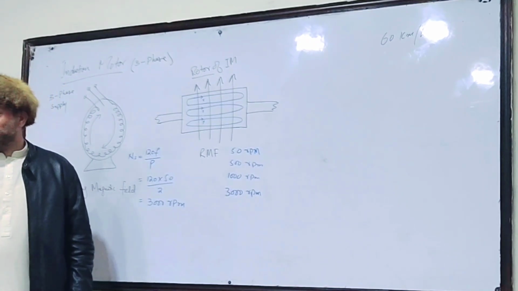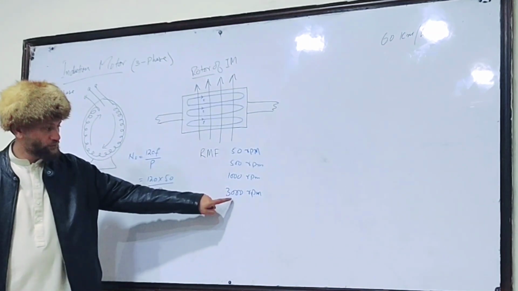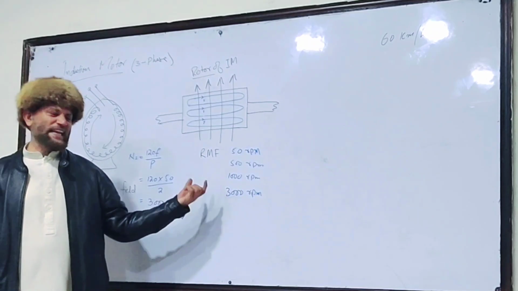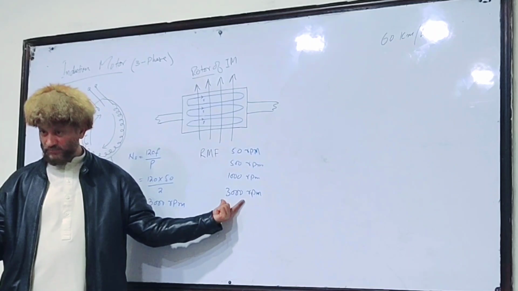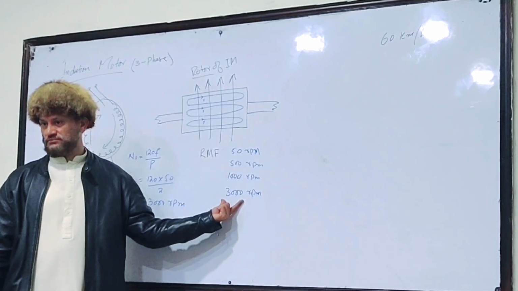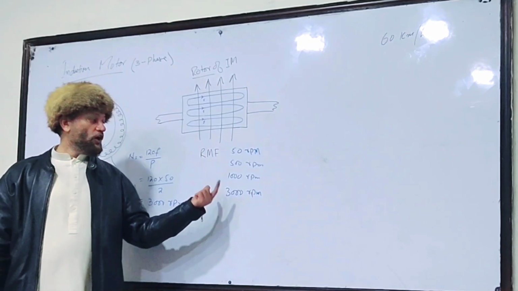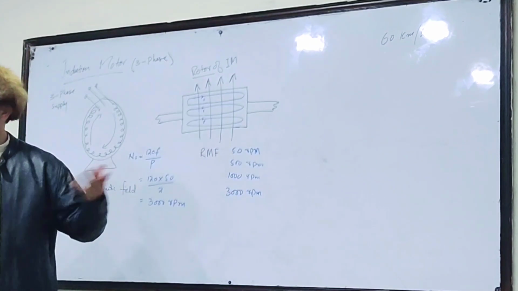What will happen now? Up to, or less than, the 3000 revolutions per minute speed of the rotor, it acts like a motor. At 3000 revolutions per minute, it acts like nothing.